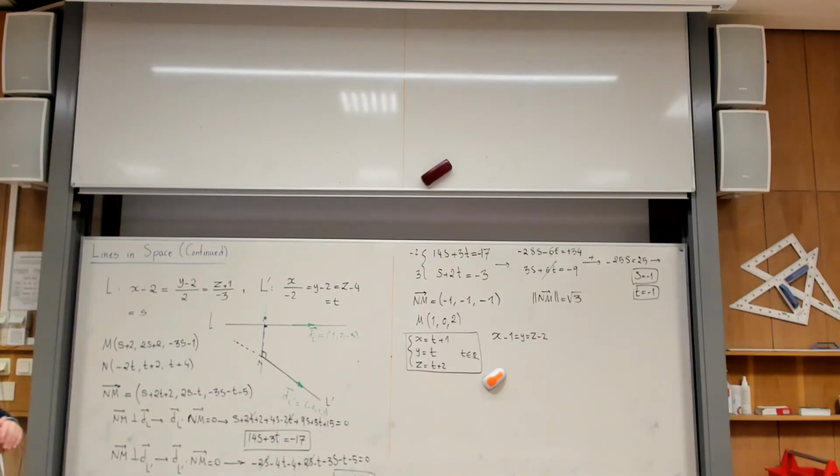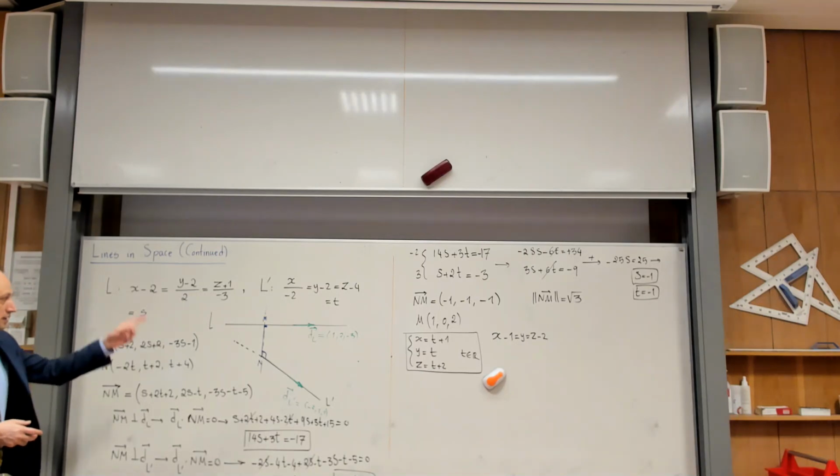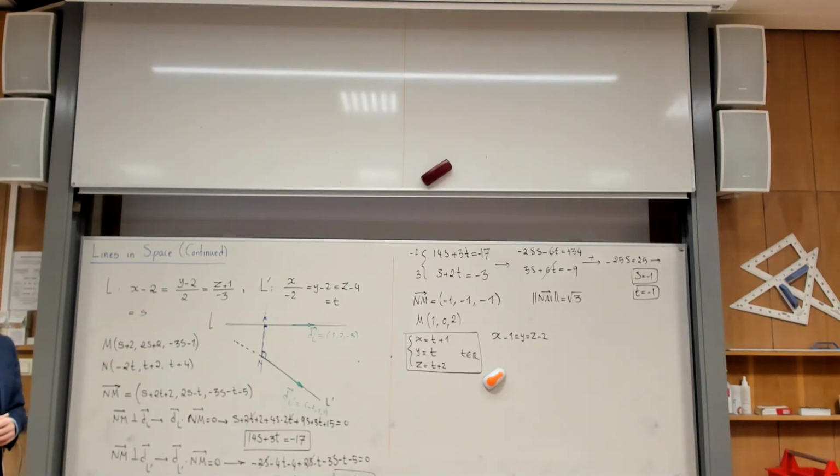But what I want you to, I don't know how do you think you can really draw this Mn in practice? So if you have two skew lines, first of all, how can you understand that such a line actually exists? For this case, this is the proof that this exists, yes?